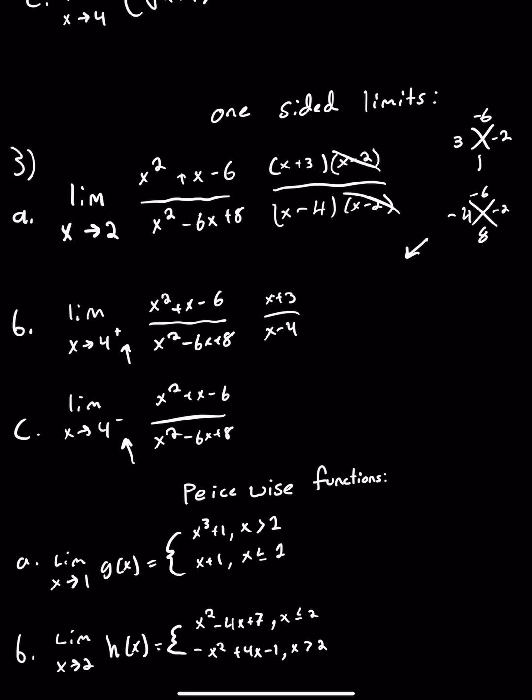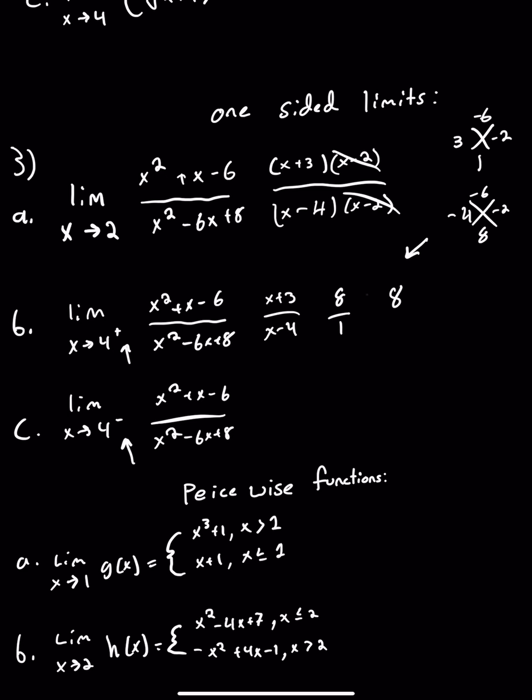Okay, so from 5, when it's 5 plus 3, it's 8 over... Oh, see, here's the issue, is that 4 is also an issue down here. So when it's coming from the right, 5 minus 4 is going to be 1, so it's going to be 8.